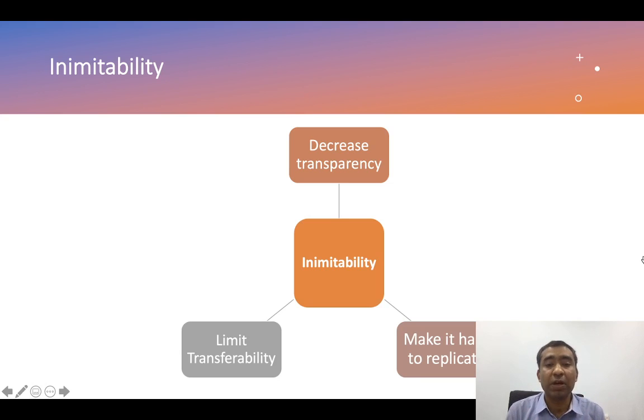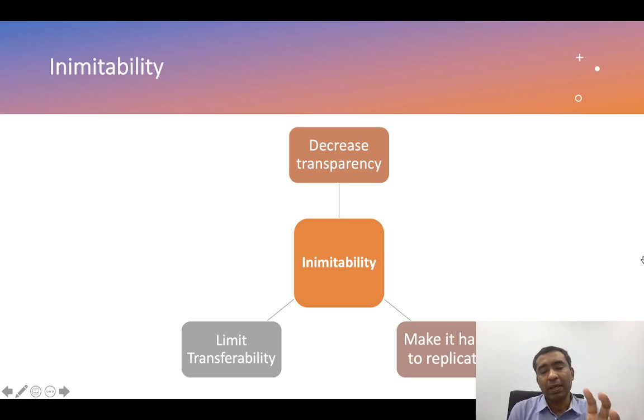For that reason, you have to work on three major points. The first is that you have to decrease the transparency of your process. If the process is too transparent and everyone has all the information, that information can be leaked out, and it is very easy for your competitors to develop these types of products or services.